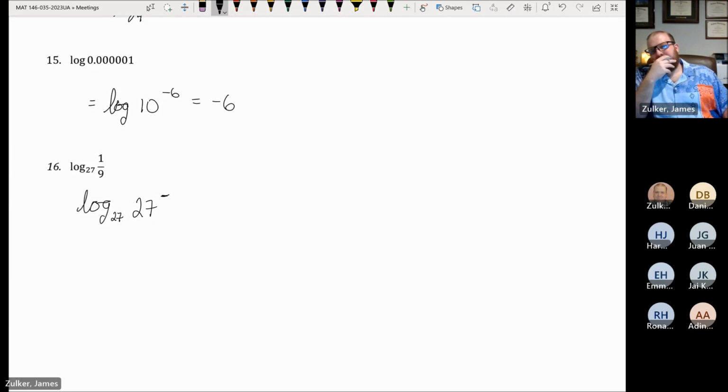27 to what power is 9? Remember how powers work. Nine is less than 27, isn't it? So it can't be larger than 1. In fact, it has to be less than 1 in order to get a 9, right?